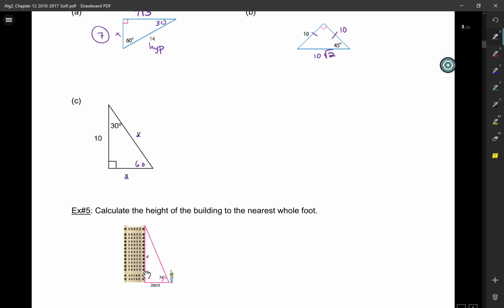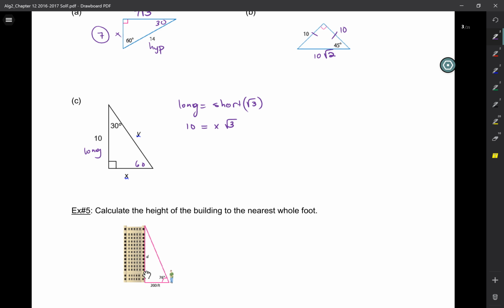So here I'm given the 60-degree angle, which is the long leg. So remember what I said. I said the long leg is equal to the short leg times root 3. So the long leg 10 is equal to the short leg x times root 3.